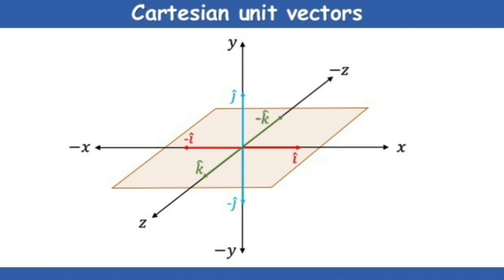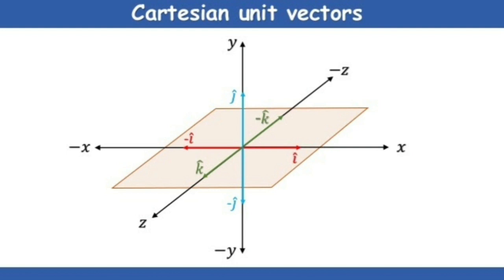Now, you know the standard rectangular directions we have: x, y and z directions. They are the standard reference directions. Along these three directions, the unit vectors are already defined, and those unit vectors are called Cartesian unit vectors, or orthogonal unit vectors.